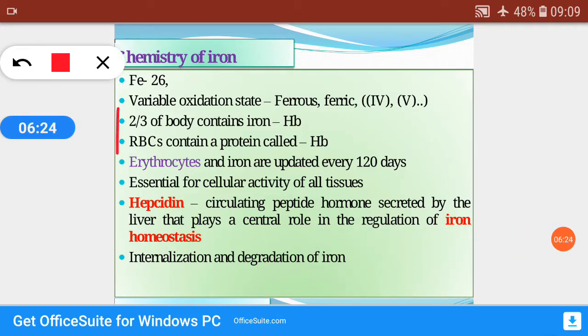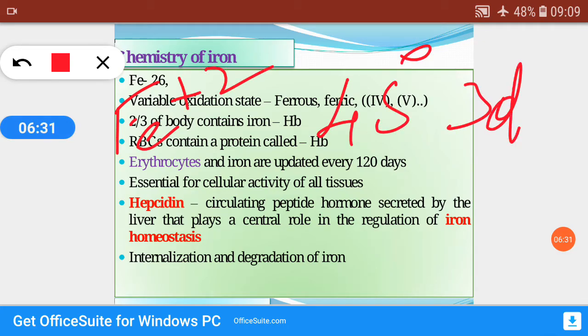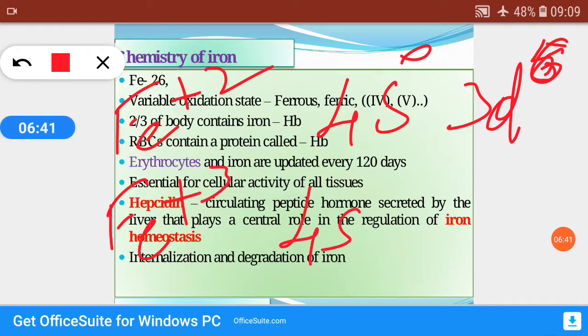So if you consider iron in the +2 oxidation state, it will be 4s0 3d6, and if iron is in the +3 oxidation state, it is 4s0 3d5. Okay, and iron in +2 we call ferrous, and iron in +3 it is ferric.